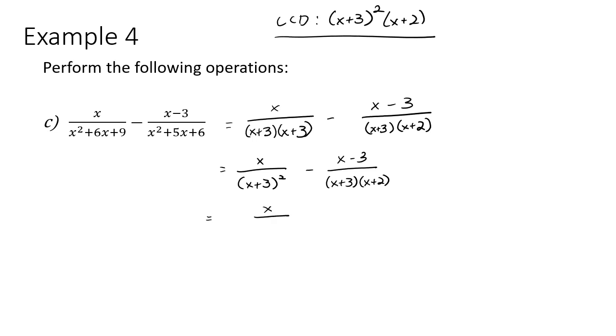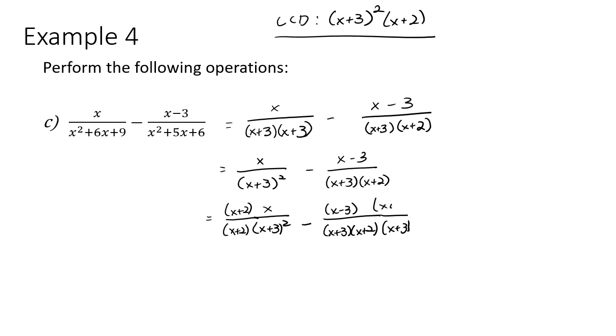For the one on the left, we need to multiply both the top and the bottom by an x plus 2. And for the one on the right, we need to multiply both the top and the bottom by that missing x plus 3.